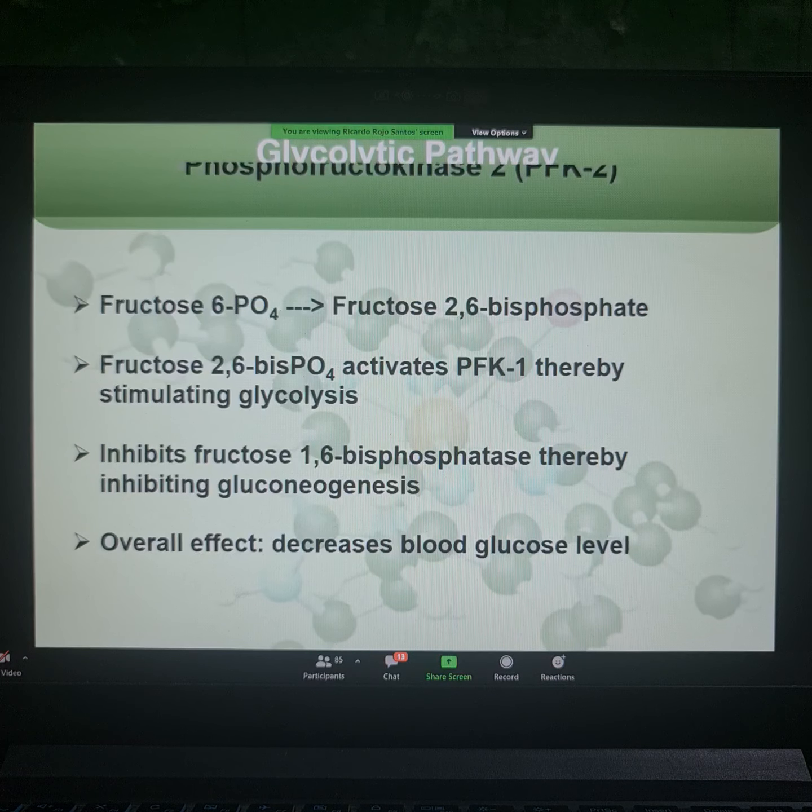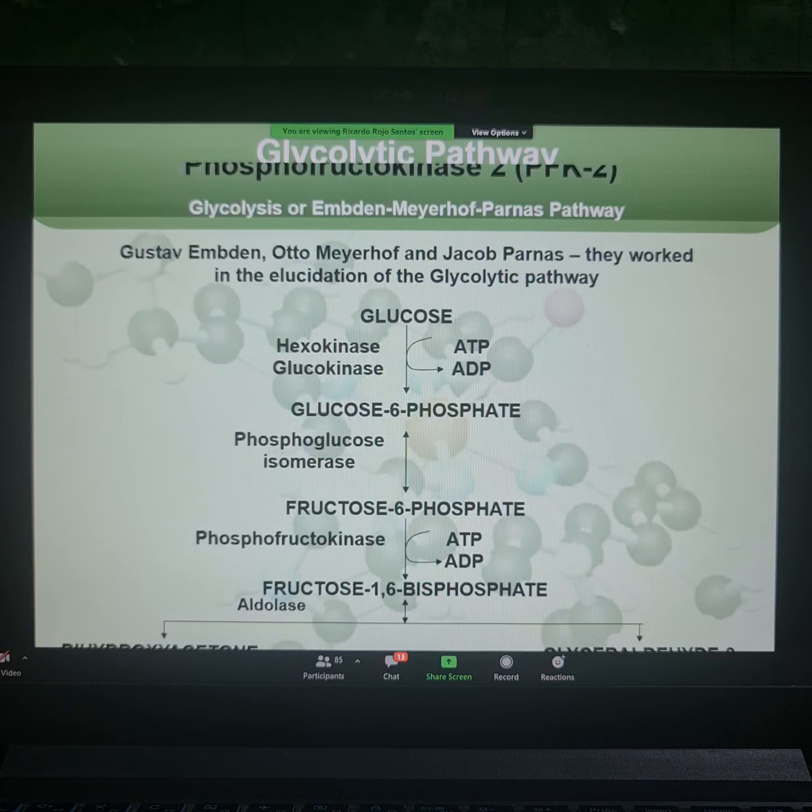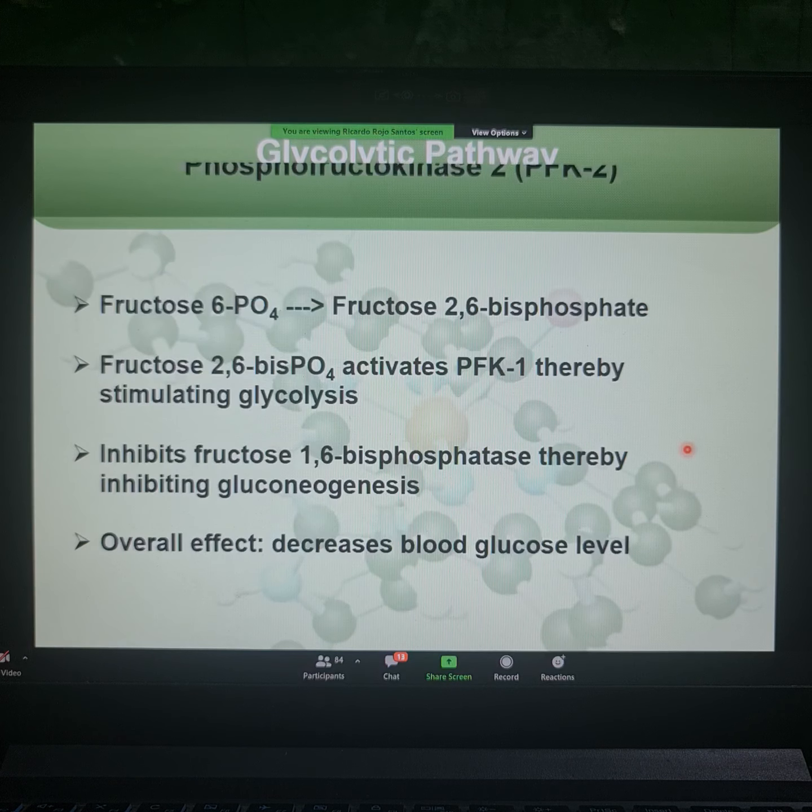Now, let us go to a corollary topic. Look at that. That is phosphofructokinase 1. Okay? There is an isoenzyme called phosphofructokinase 2.